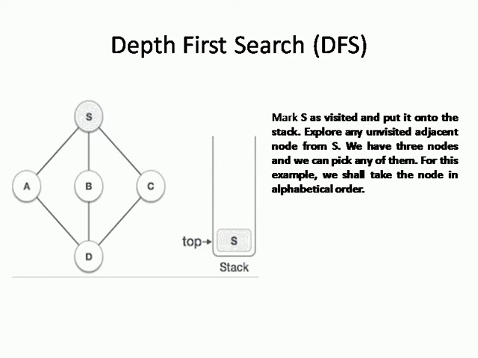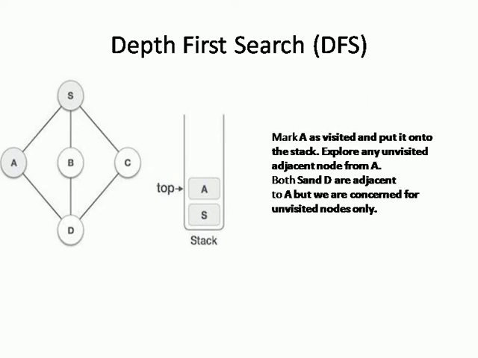Then S is connected to 3 neighboring nodes A, B, C, which are unvisited adjacent nodes of S. Then explore any unvisited adjacent node from S. We have 3 nodes here, and we can pick any one among the 3, but according to alphabetical order, I am picking the first vertex, that is A. After visiting the node A, which is an adjacent node for S, we push that node A onto the stack according to rule number 1.